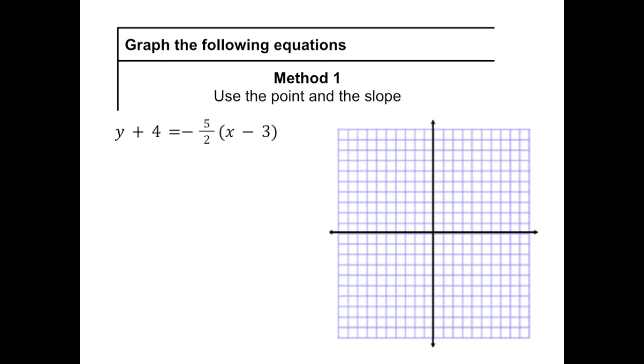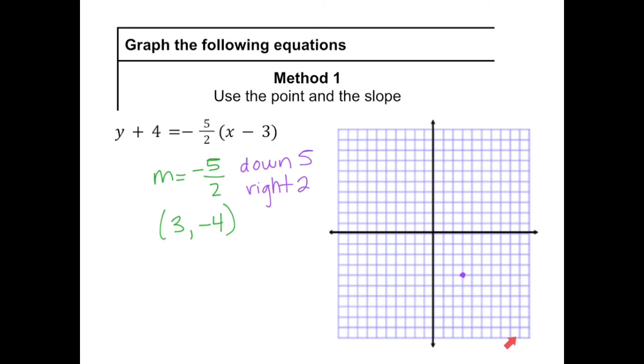Another example using this method, I'm going to identify the slope as -5 halves, and then my point would be +3, -4. I'm going to start by plotting this point, and then I'm going to use the slope of going down 5 and to the right 2 to get more points.